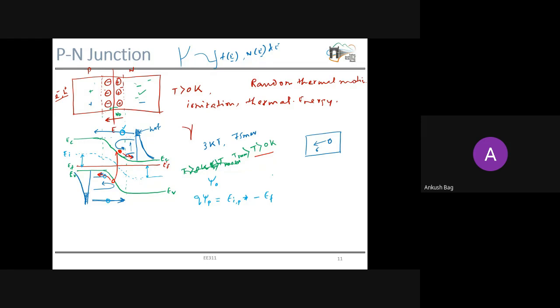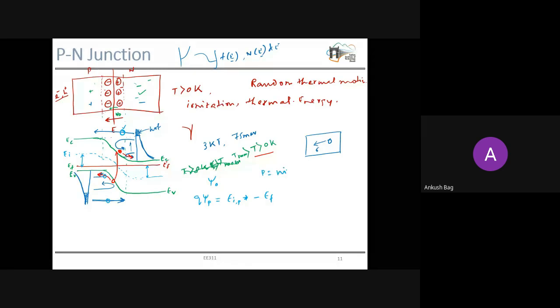And for this EFP, we know from the previous slide we mentioned the equation p equals ni exponential of (EI minus EF) by kT.